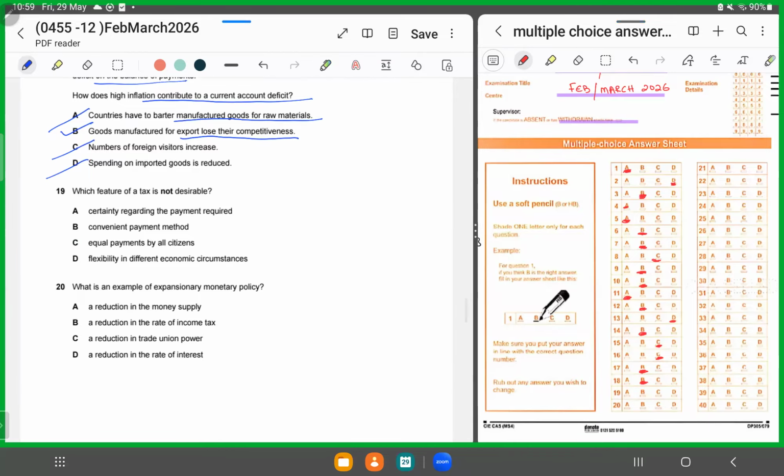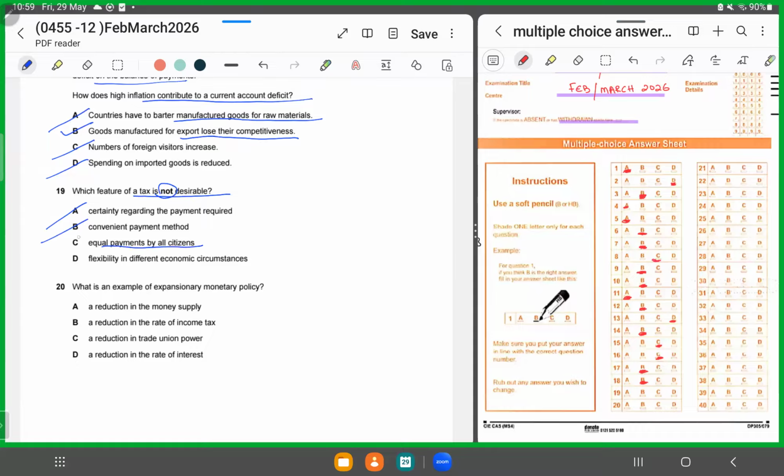Number 19. Which feature of a tax is not desirable? That means out of these four options, three features of the tax would be desirable except for one. Certainty regarding the payment. If you know how much you need to pay, you want that. So it cannot be A. Convenient payment method. You want the tax to be paid easily. But they're saying it is not desirable. Equal payments by all citizens.